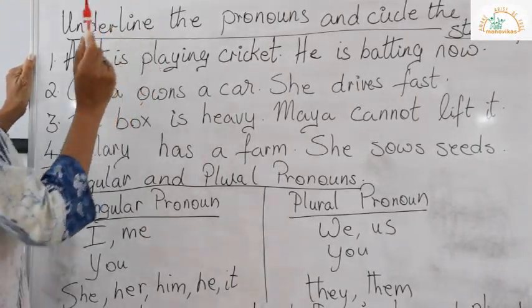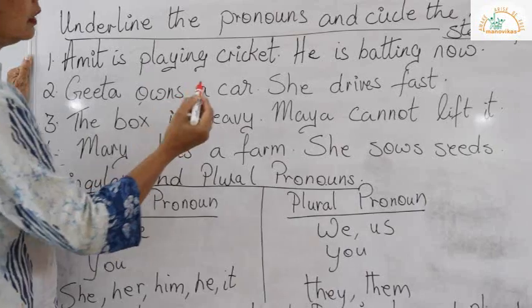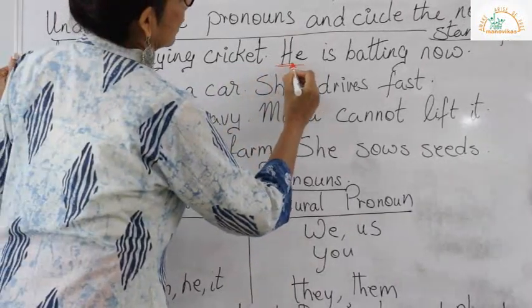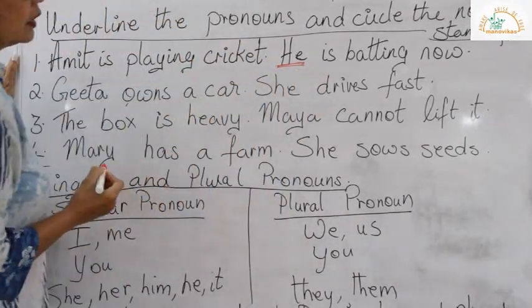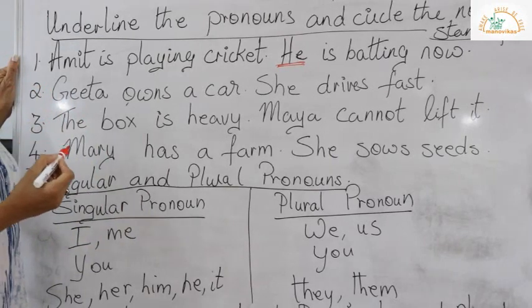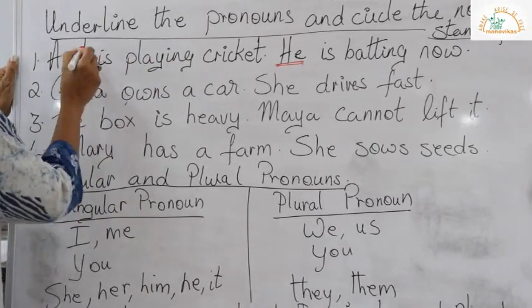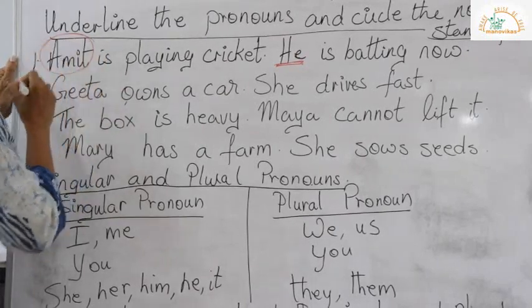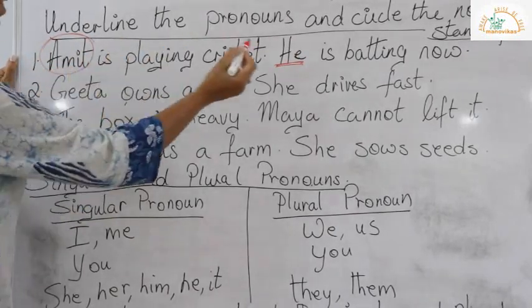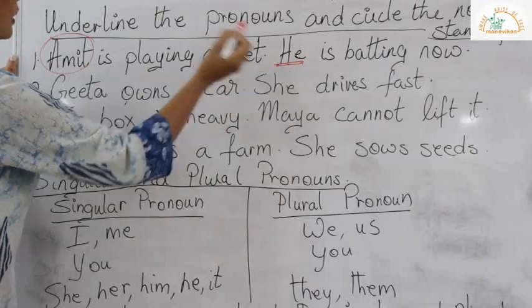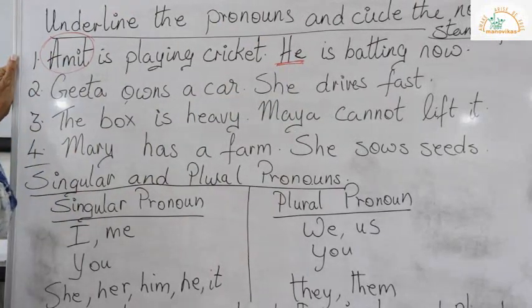They said underline the pronoun. So which is the pronoun here? He. He is the pronoun. Now circle the noun it stands for. So which is the noun that it stands for? It stands for Amit. He is the pronoun which stands for Amit.